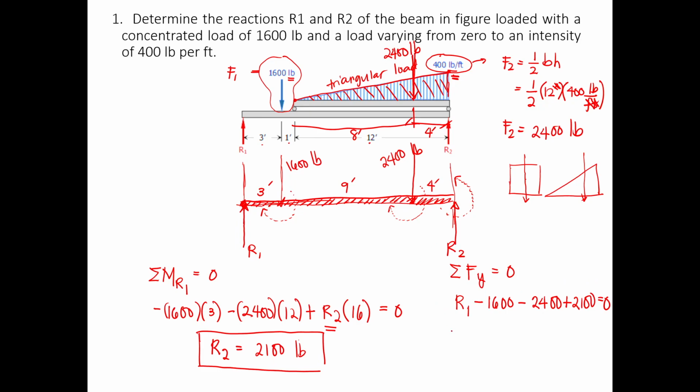Notice that in this equation, only one variable is unknown. So 1600, then 2400, then 2100, so reaction 1 is 1900 pounds. This is how you solve your reactions in this problem.